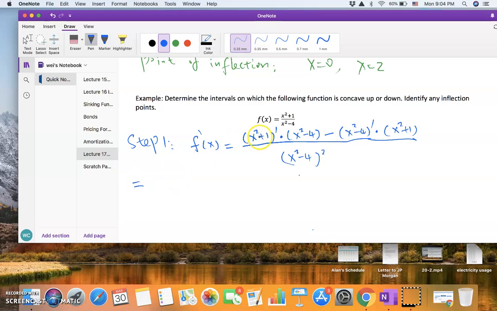So we have the derivative of this term is 2x times x squared minus 4, and minus 2x times x squared plus 1.